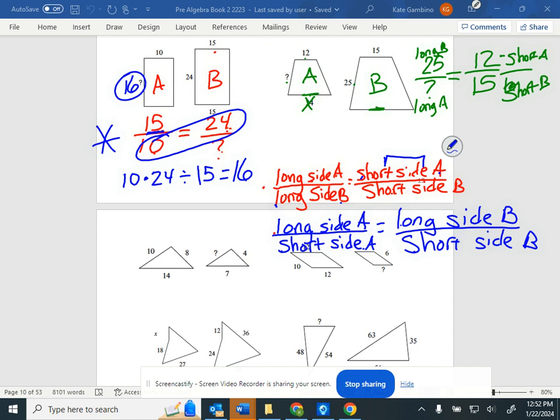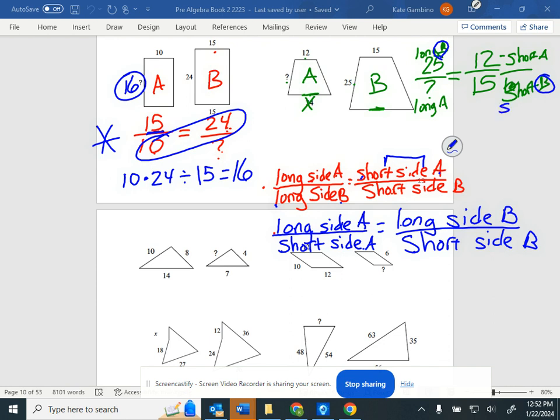You have to be opposite. Here, I have B and B. I can't have B and B going diagonally. I can't have long and long going diagonally. We've got the longs and the shorts right, long to short, but I have a B to a B. I can't do a B to a B. I have to do the B to the A.